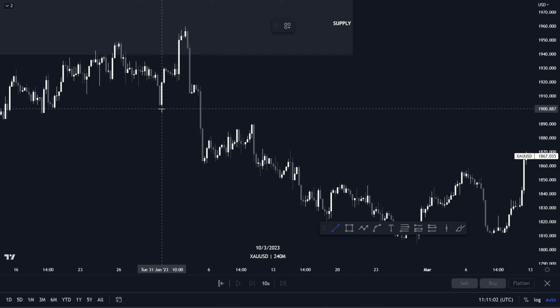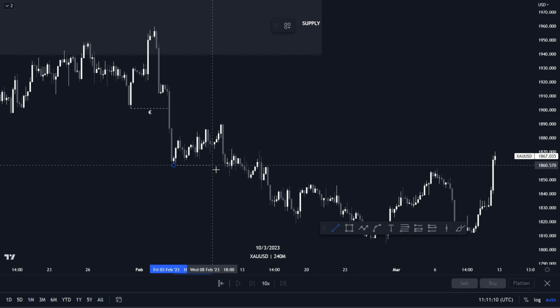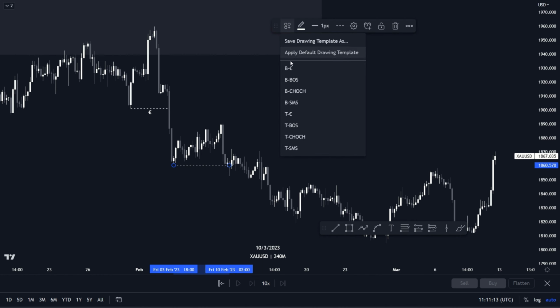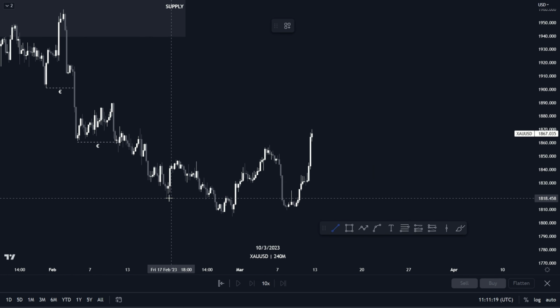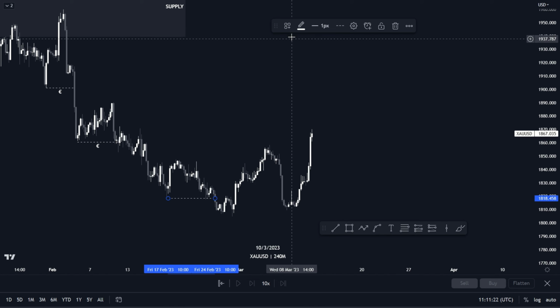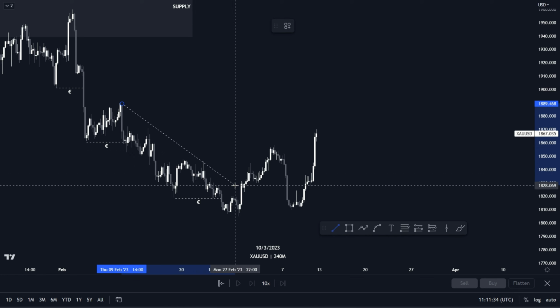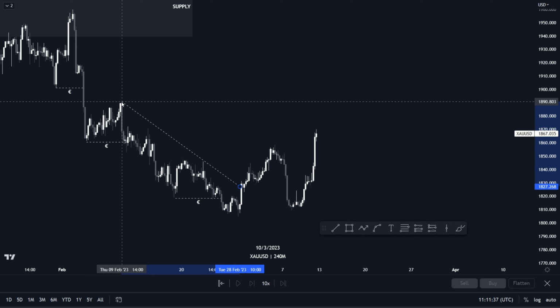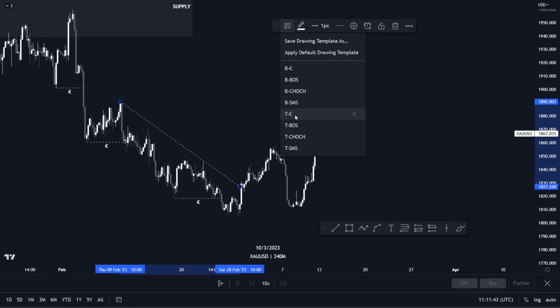So as you can see here, within this low, liquidity was swept out, and again here within this low, and again here within this low, liquidity was also swept out. And again, if you look at this here, this is trend line liquidity, which was also swept out.